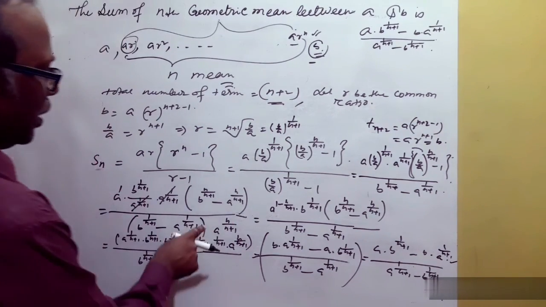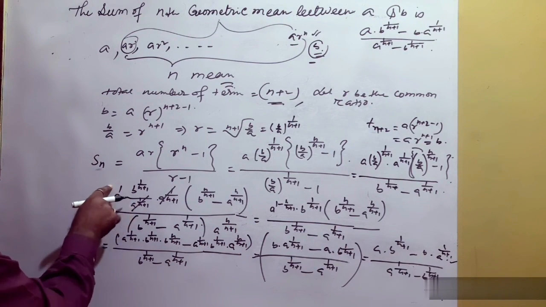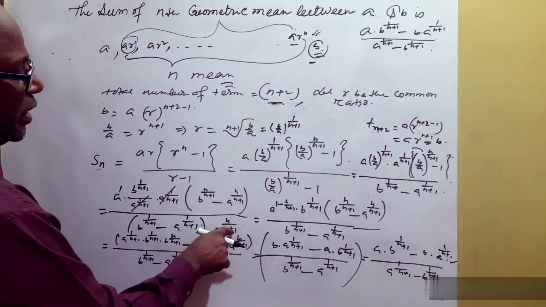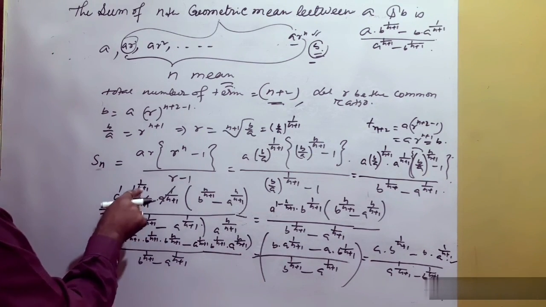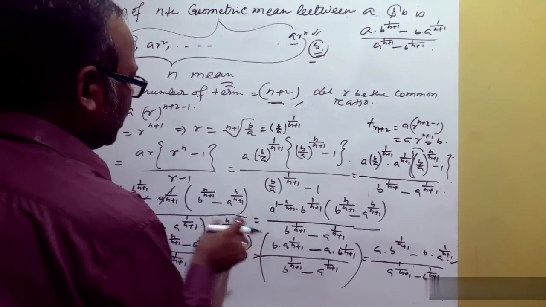Now from a to the power n by n plus 1 and a to the power 1, from the indices we get a to the power 1 minus n by n plus 1, and b to the power 1 by n plus 1 within the bracket.